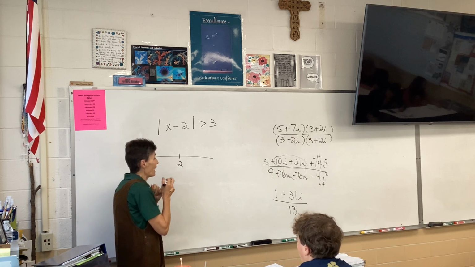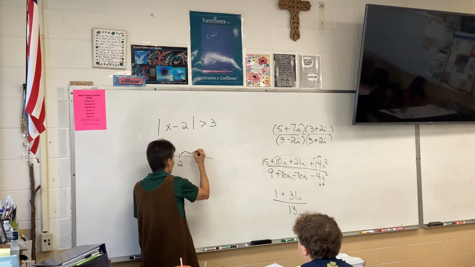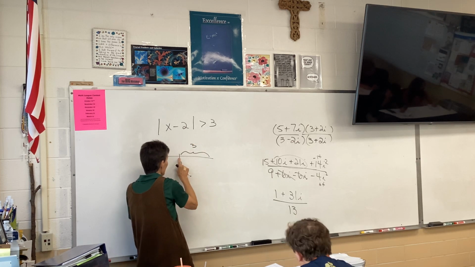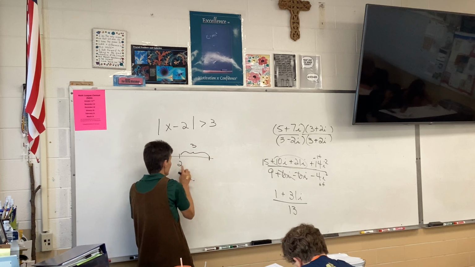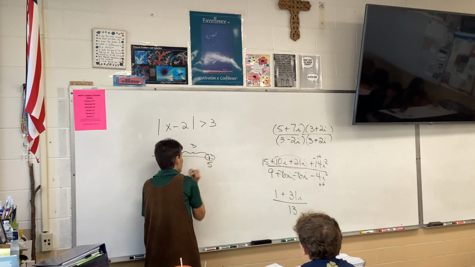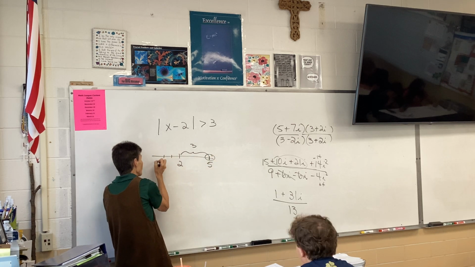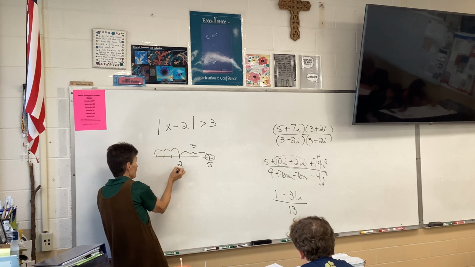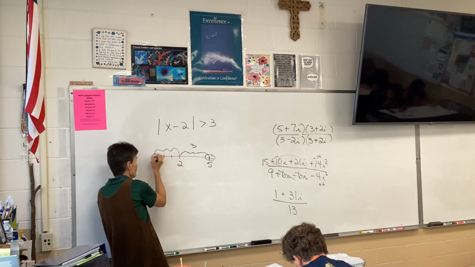Okay? Now, count forward this far. So count forward 3. Where would you be if you started at 2 and counted forward 3? 5. Put a dot there. Now, count backward 3. Where would you be if we went backward 3? -1.